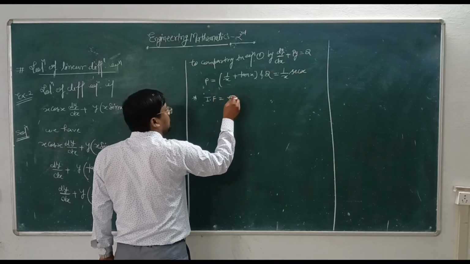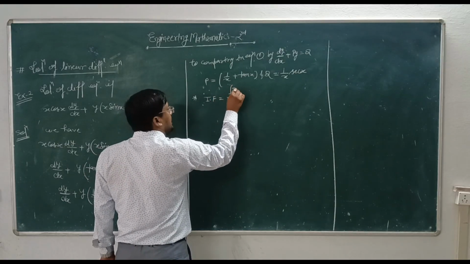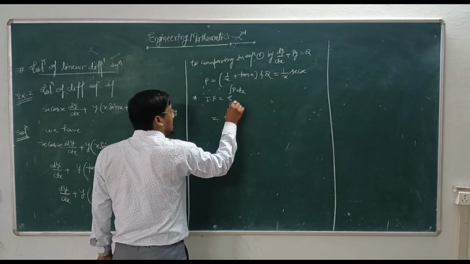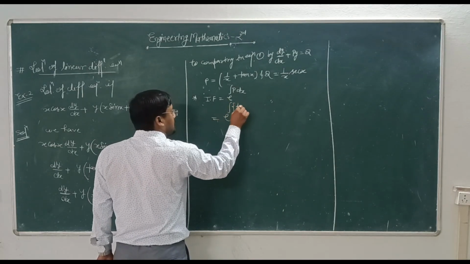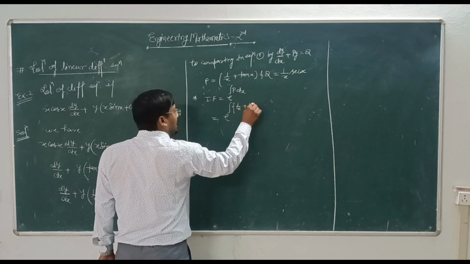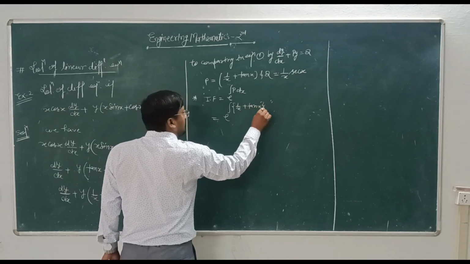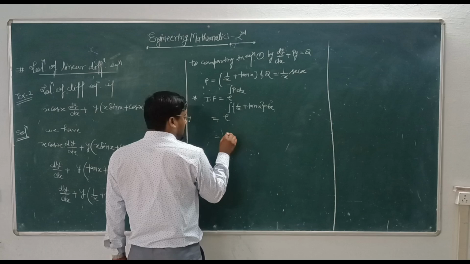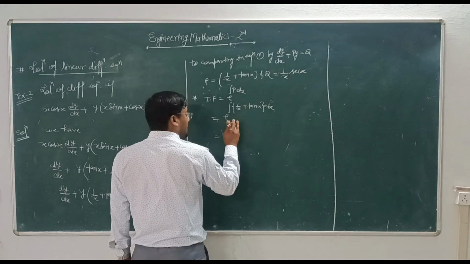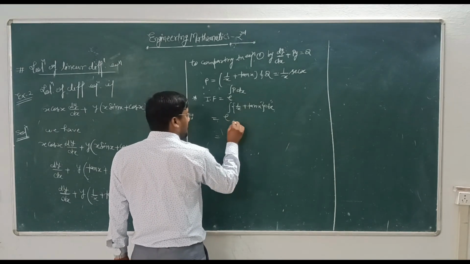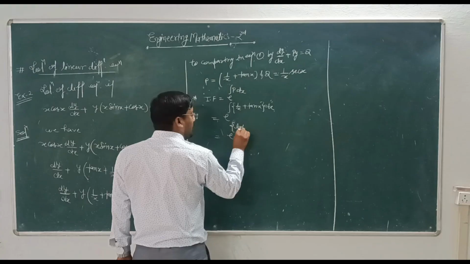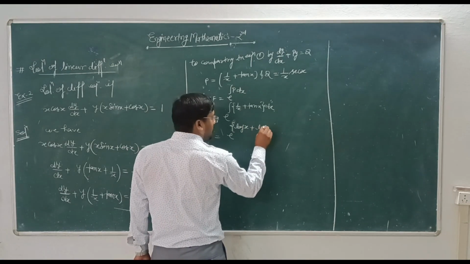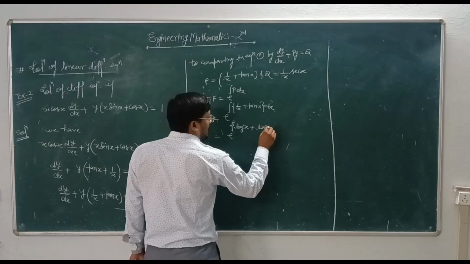IF is equal to e to the power integral P dx. Now you can write e to the power integration of (1/x + tan x) dx. Now you can write e to the power (log x + log sec x).